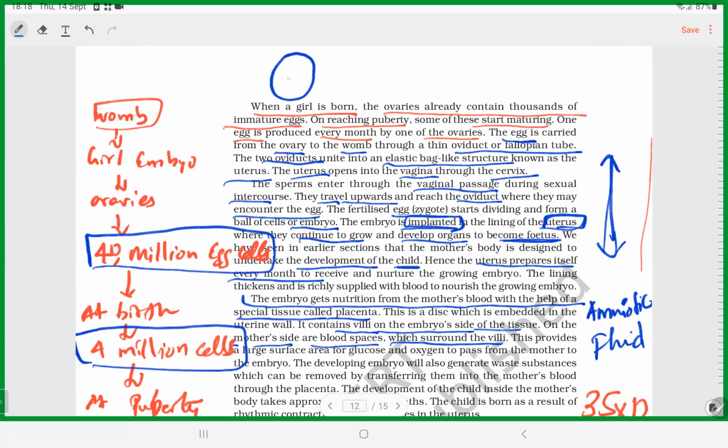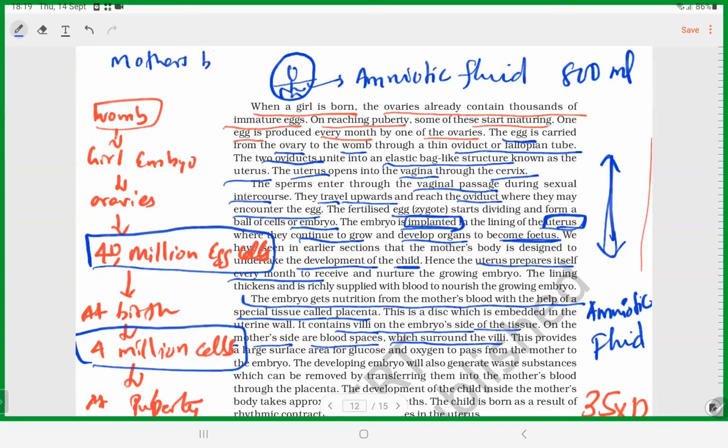What forms the amniotic fluid? Almost 800 ml is the final volume of amniotic fluid. So what makes this amniotic fluid? Mother's blood plus fetus waste.